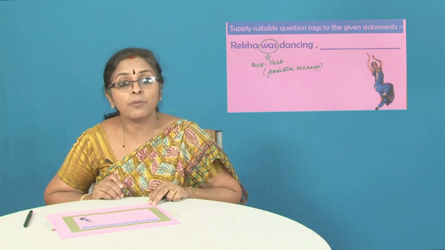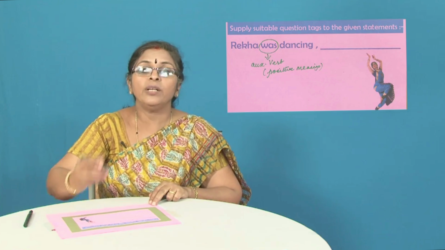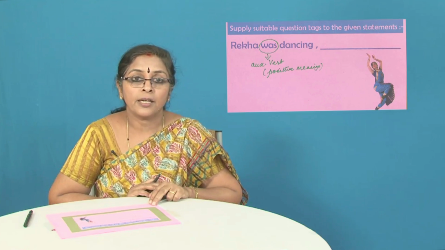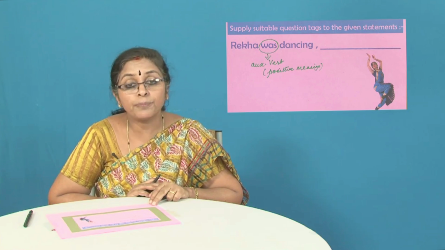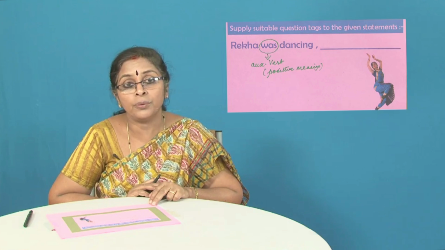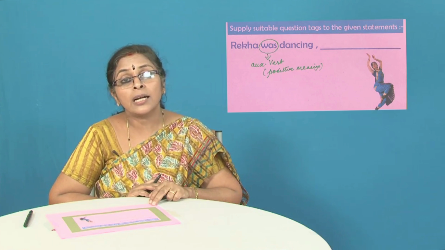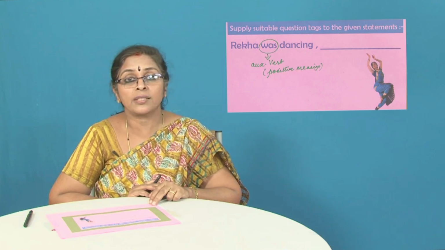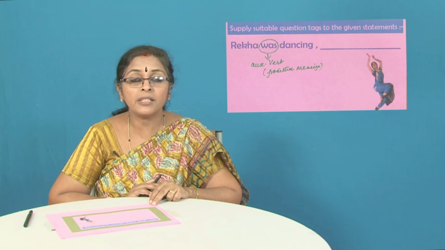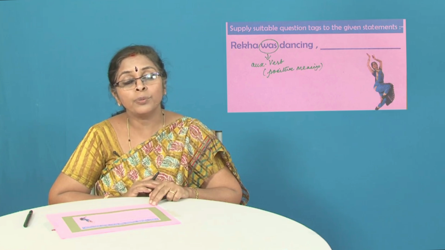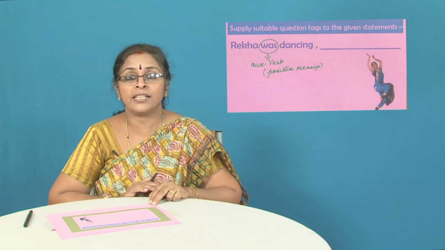So because it is positive, the question tag will have to be negative. Now the same auxiliary verb is to be used. Remember, that was the 3rd rule that I mentioned to you. Whatever auxiliary verb is used in the statement, students, kindly make use of the same auxiliary verb. If the auxiliary verb is in its positive form, you will use the same auxiliary verb in its negative form.